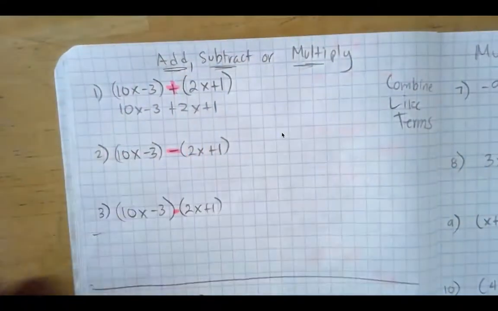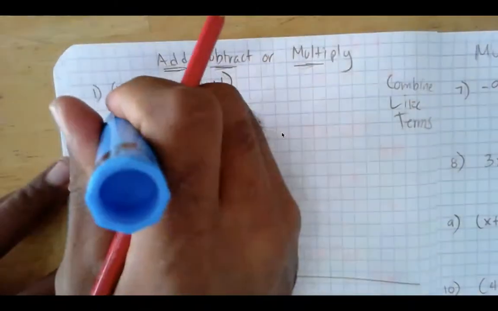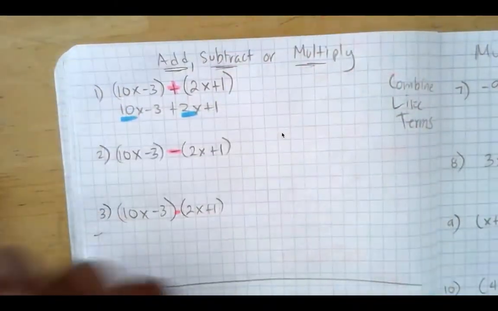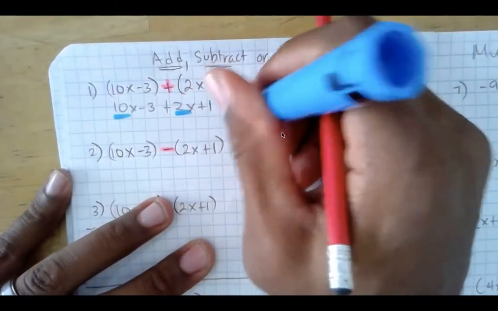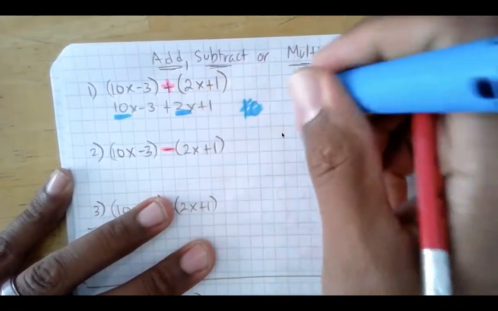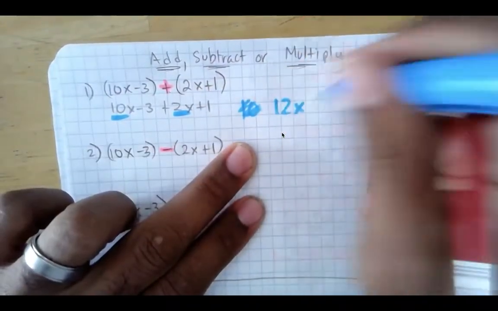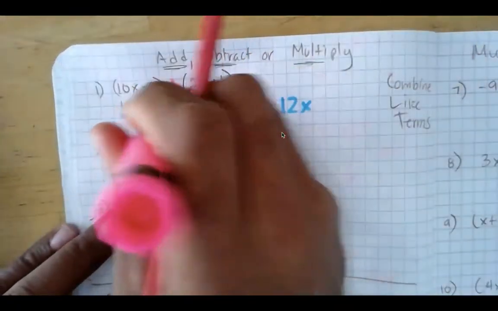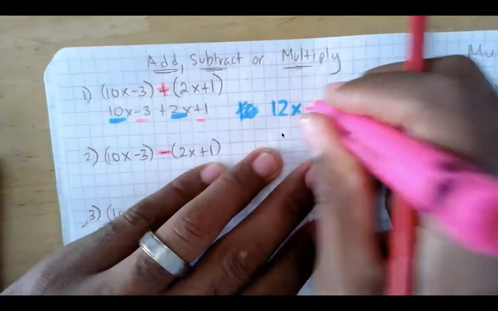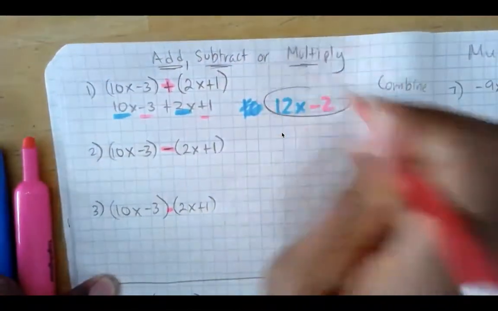Now all we're going to do is add up the like terms. Well, 10x and 2x go together. That's going to give me 12x. And then I add up negative 3 and positive 1. That's going to be minus 2. Okay, so there it is right there.